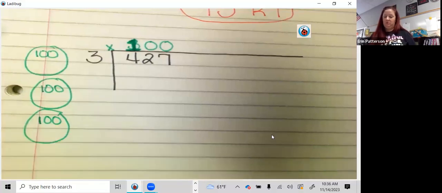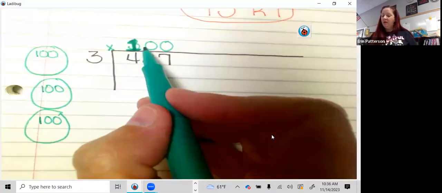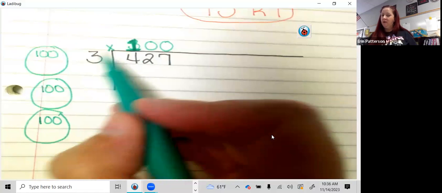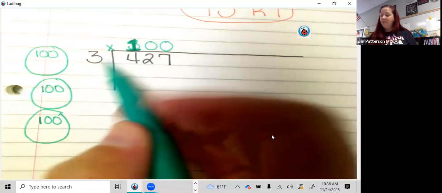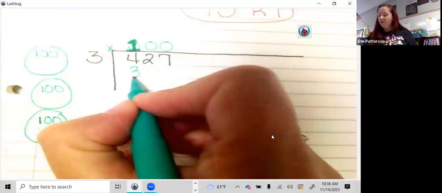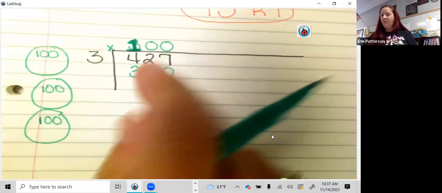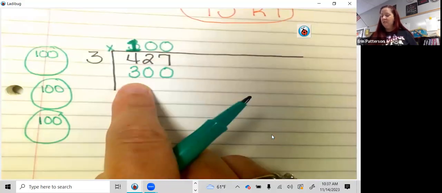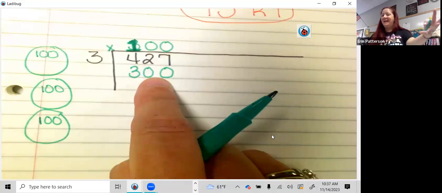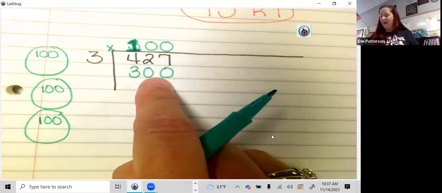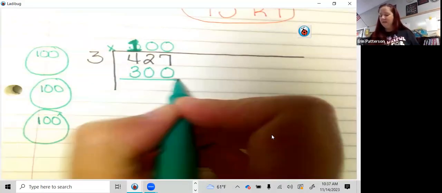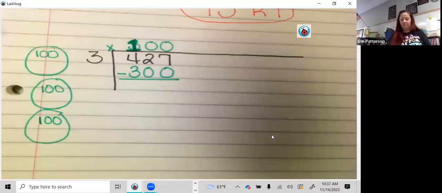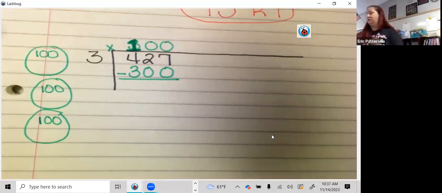If I give them 100 times 3, I'm getting rid of 300. I put it below my original number because I've got to take that away. I have to subtract to see how much I still have left to give to Nola, True, and Elisha.